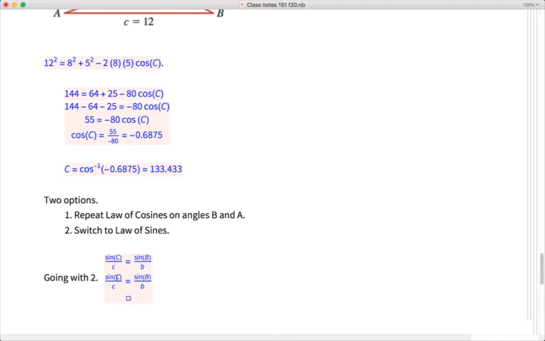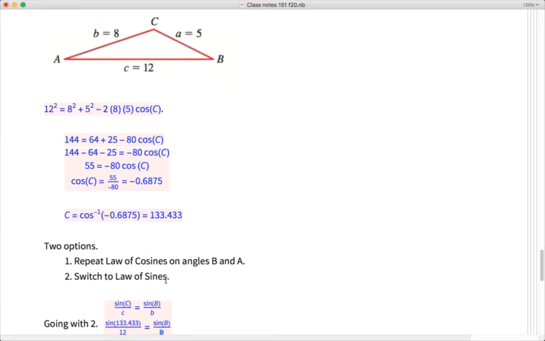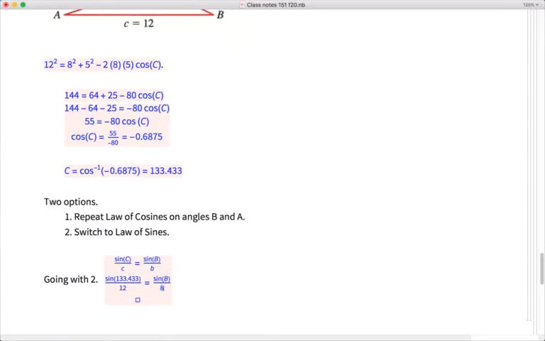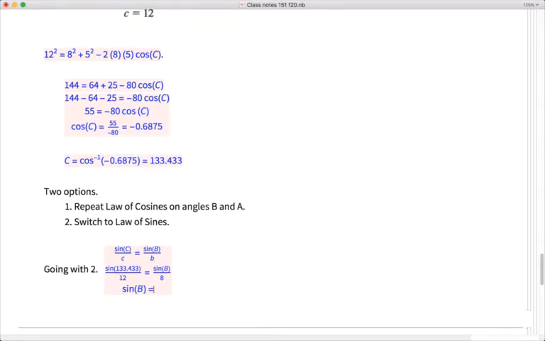And then plug in. So law of cosines allowed us to figure out this angle C. We were given this was 12. Sine of B is what we're going for now. Sorry, it scrolled off page. The little b was 8. Okay, so that does in fact allow us to solve for sine of B.